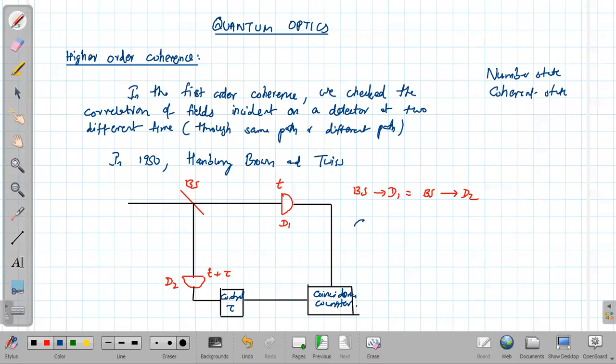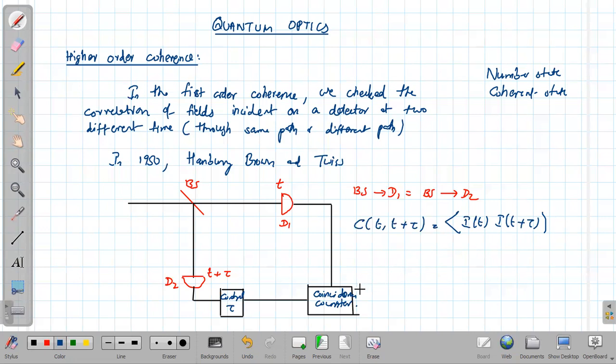The rate of the coincidence counter, that is when both detectors count, the rate C at t comma t plus tau, is proportional to the intensity of the light reaching D1 and D2. So this would be the intensity at time t and the intensity at t plus tau.